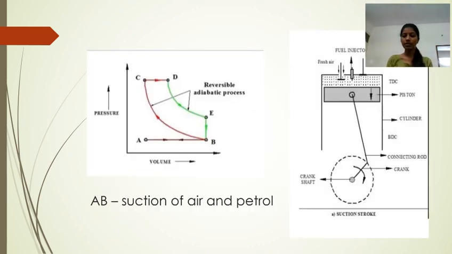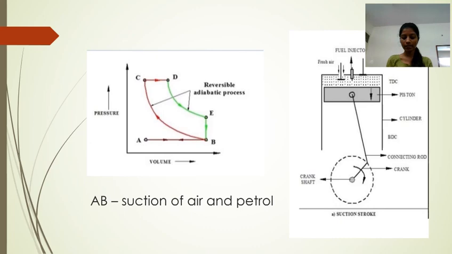Here we can see the picture of the suction stroke and how it works, and this is the graph plotted between volume and pressure. In this diagram we can observe different parts like fresh air, fuel injector, TDC, piston, cylinder, BDC, connecting rod, crank and crankshaft.